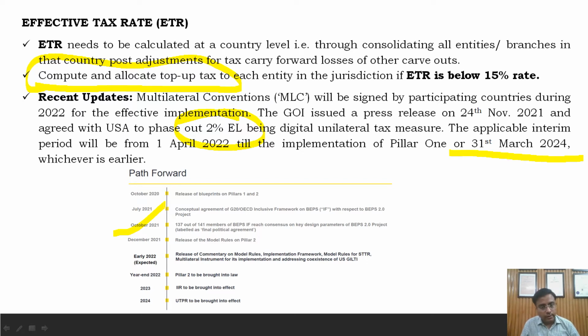By the year end 22, Pillar 2 is to be brought into law. Next year in the finance bill we will see some amendment in the Indian income tax also. Next year 2023, IRR is to be brought into effect. In 2024, UTPR will be brought into effect.